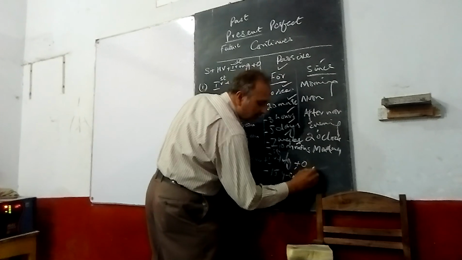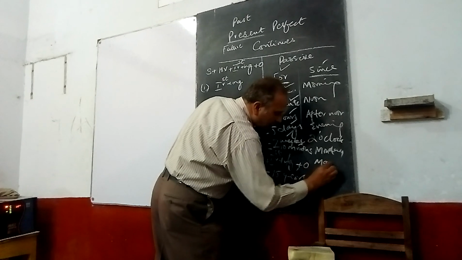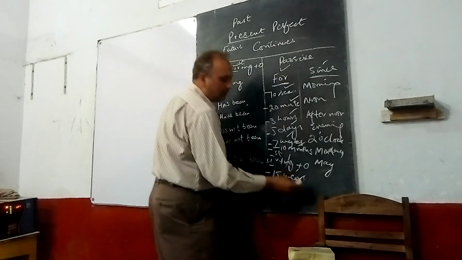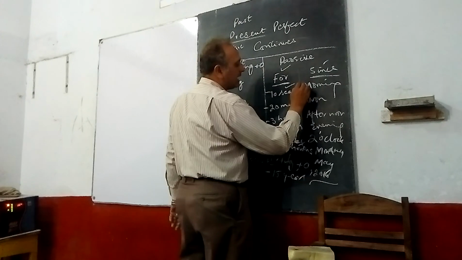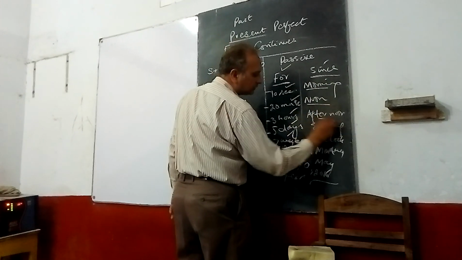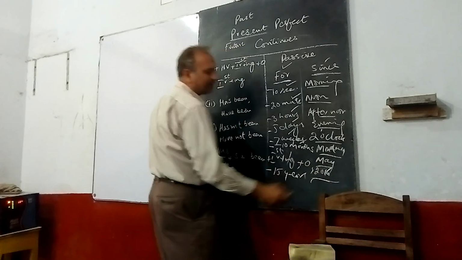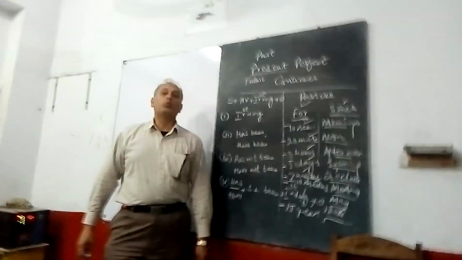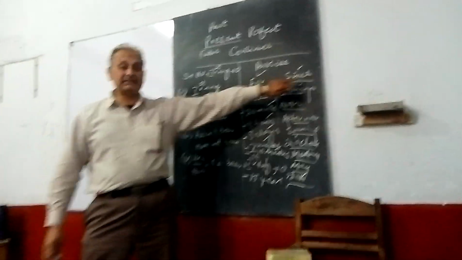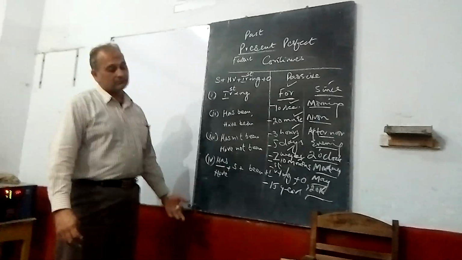Then any month of the year, from January to December, and then a year like 2010. Again, 1, 2, 3, 4, 5, 6, 7, and 8. These are the 8 different stages or points where we use since. Right? I do hope you understand this. Thank you very much.